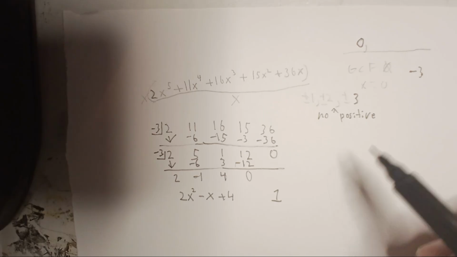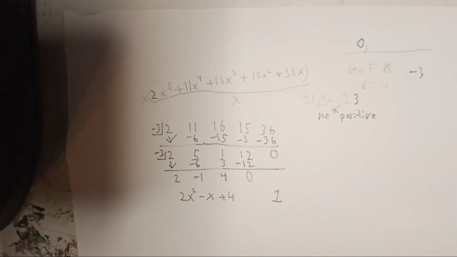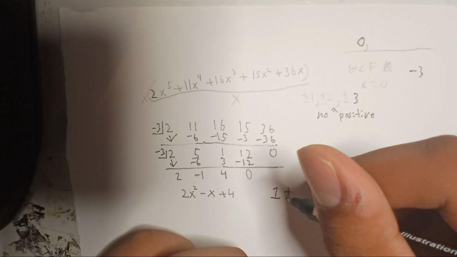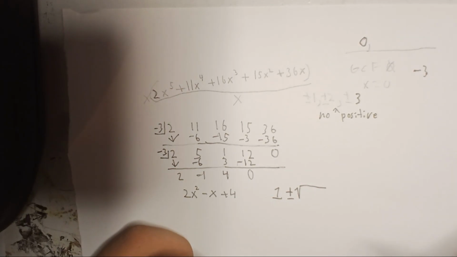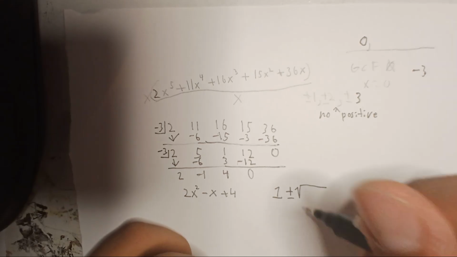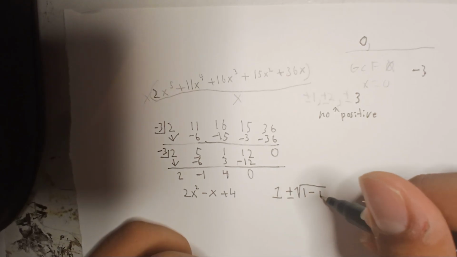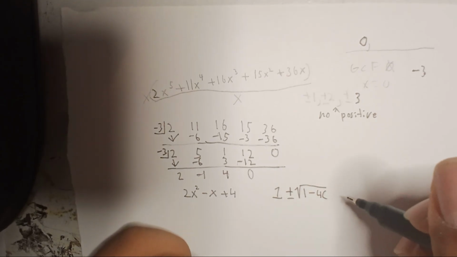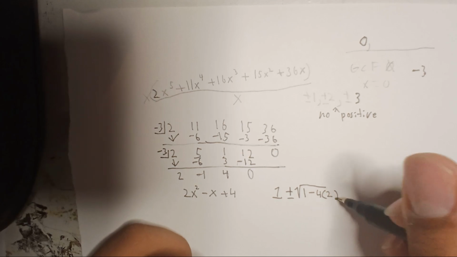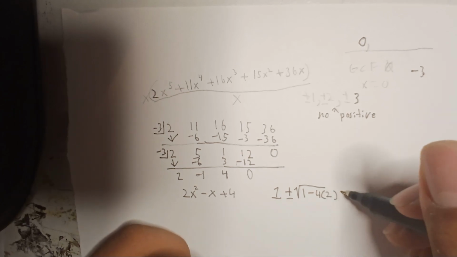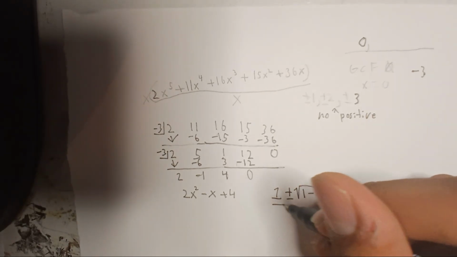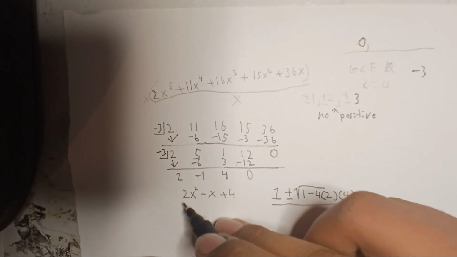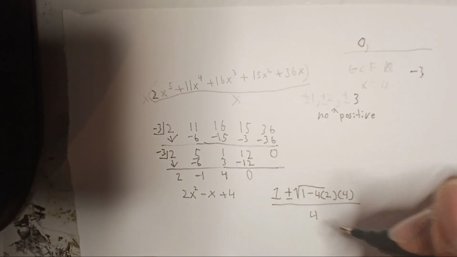If it's negative, it becomes positive, and positive becomes negative. After that, plus or minus the square root of b squared, negative 1 squared is 1. 1 minus 4 times a, which is 2, and then times c, which is 4 right there. And I almost forgot, divided by 2a, which is 2 times 2, is 4.